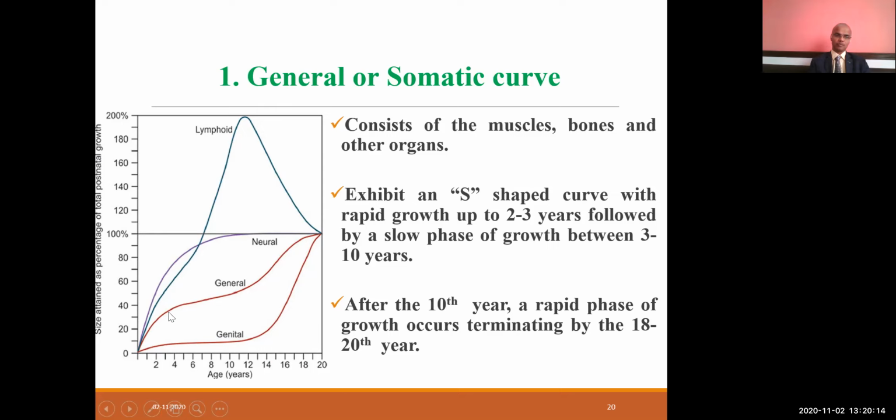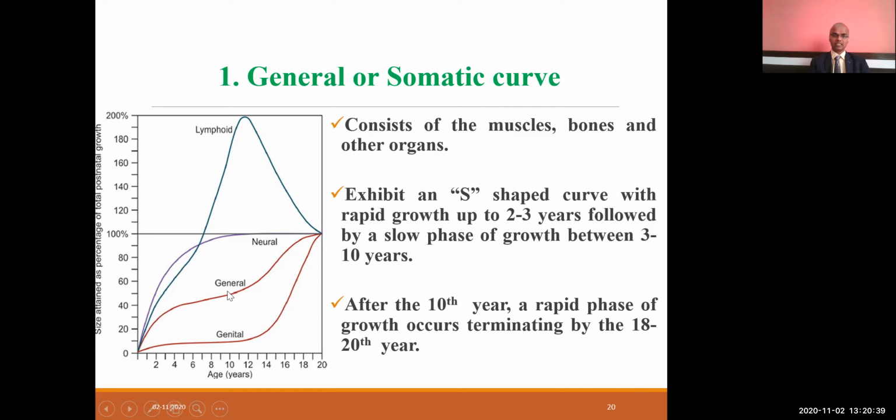This curve is steep. It shows a rapid growth. Then from 3 to 10 years, the slope is more horizontal, means it shows a slow phase of growth between 3 to 10 years.